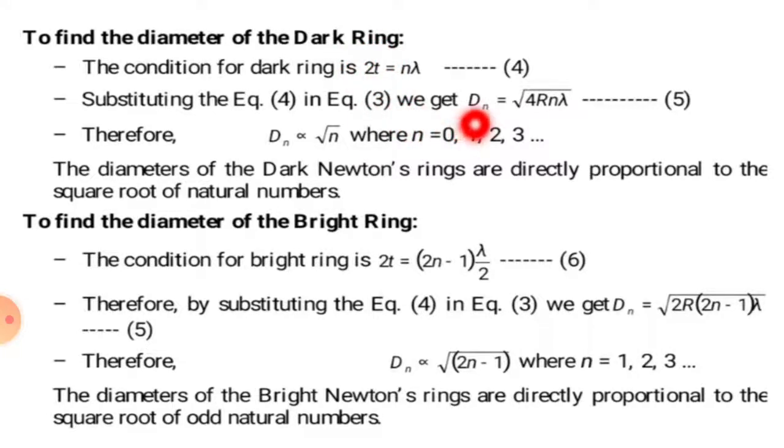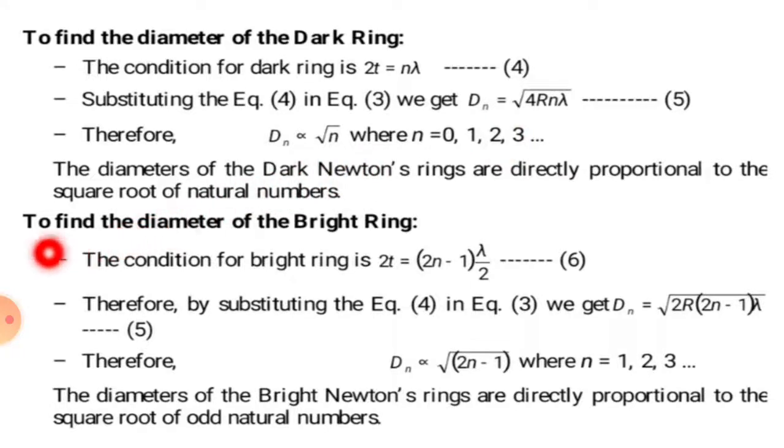We get Dn equal to square root of 4n lambda R. Here Dn represents the diameter of the nth dark ring, and n represents the order of the ring. This expression shows that the diameter of the nth dark ring is directly proportional to the square root of the natural numbers. This is the expression for the diameter of the nth dark ring.